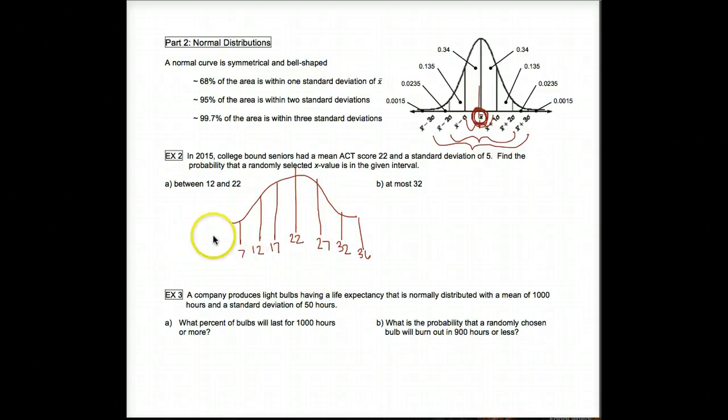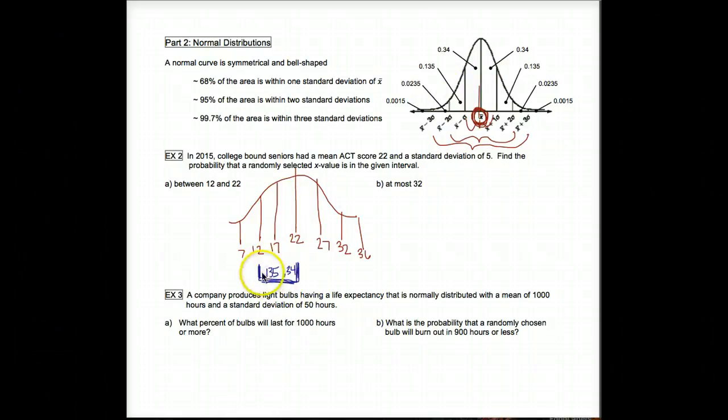All right, so between 12 and 22, all I do is I kind of look at the area that is between those values. So 12 and 22 is from here to here. And then all I have to do is look at these numbers on the normal curve. So I know that this one right here is 0.34. And the one next to it is 0.135.